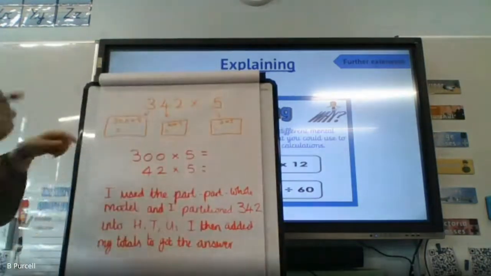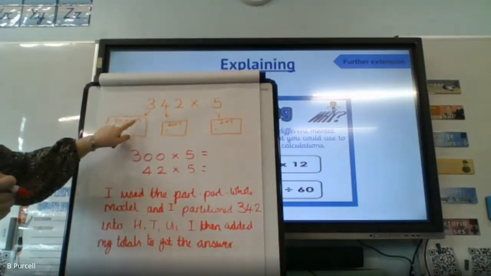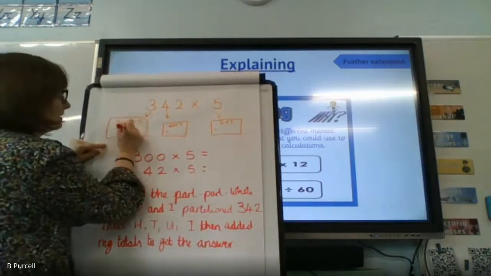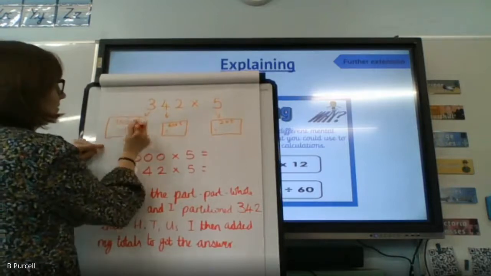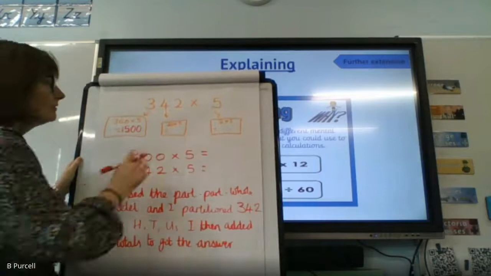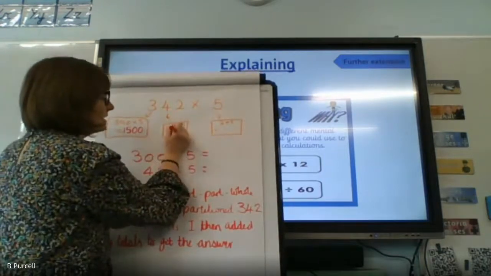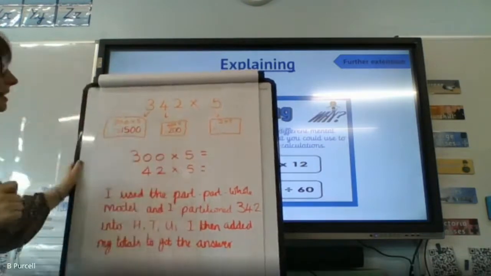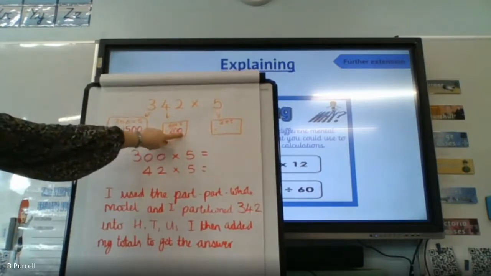Okay, so 300 times 5, I'm going to say 3 times 5 is 15. I've got 2 zeros in 300, so I know I need 2 zeros in that answer. 40 times 5, I'm going to say 4 times 5 is 20, but I've got a 0 because I'm multiplying by a tens number, so I need to make sure that I've got that 0 in my answer.